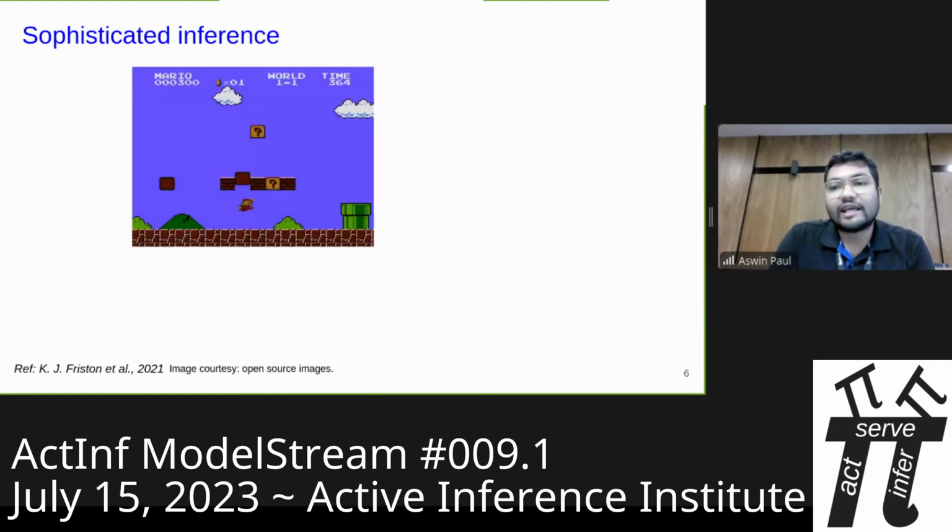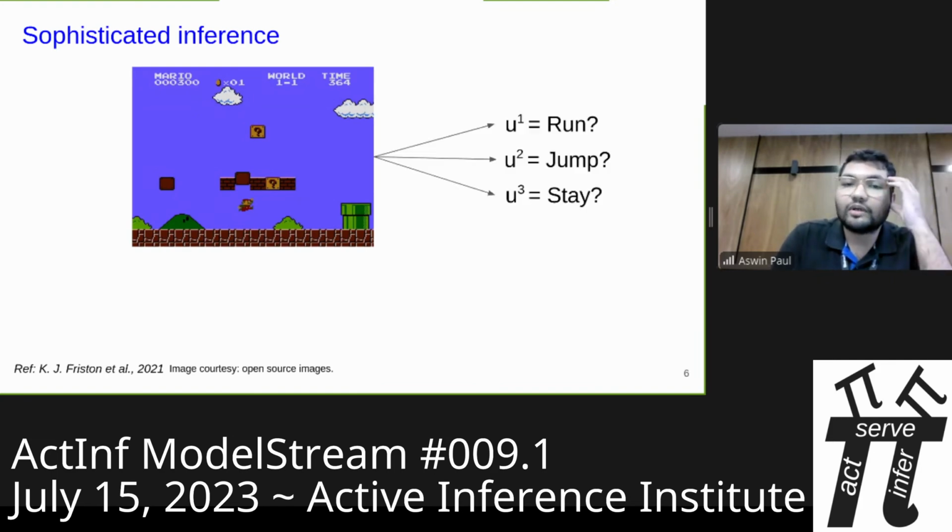And in sophisticated inference, it is not really the policy space. You're actually, in real time, trying to think what to do. So if you have a belief, then you're trying to evaluate the actions based on that. So here we don't have a sequence of policies or things that become intractable.